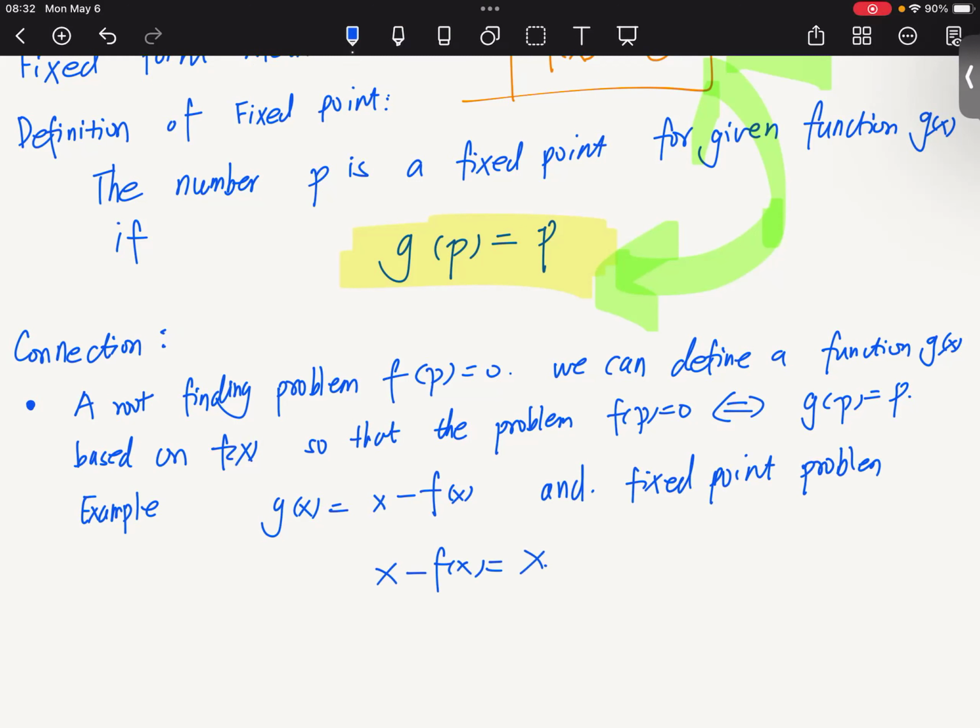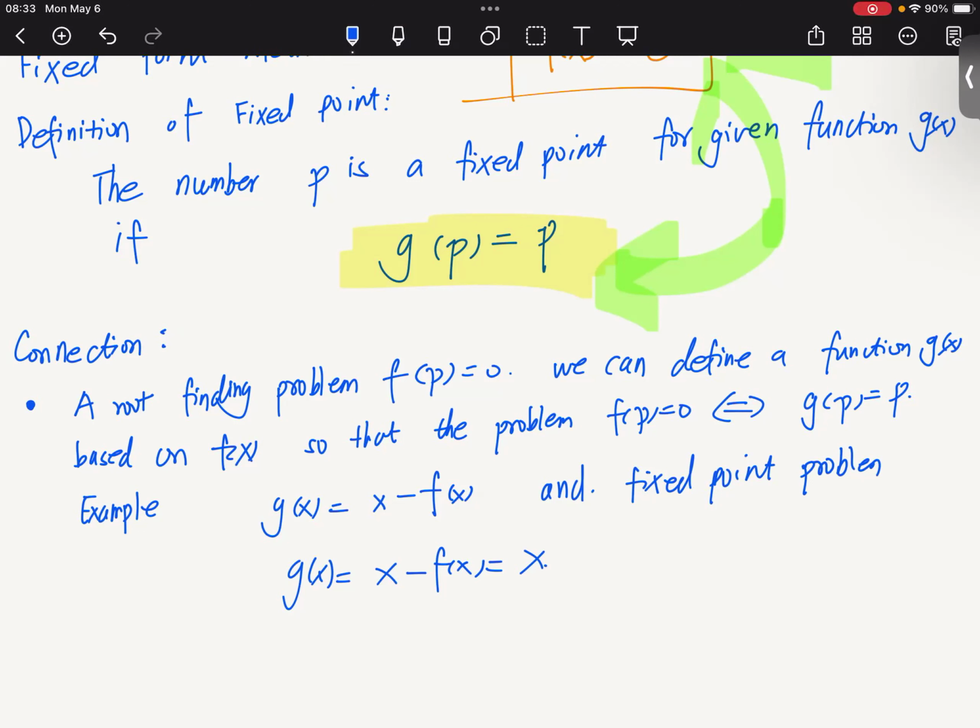This is the fixed point problem, g(x) equals x, right? I just defined g(x) in this way, and the fixed point problem for this function is g(x) equals x. And if you take a look at the expression, it's equivalent to f(x) equals 0, right?